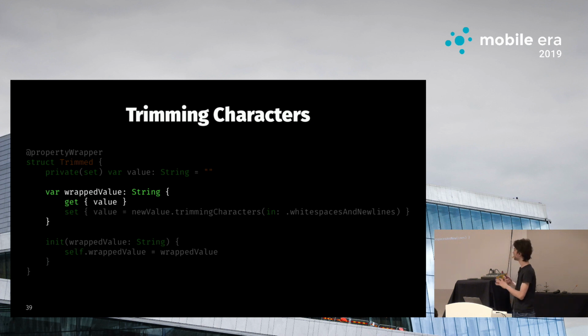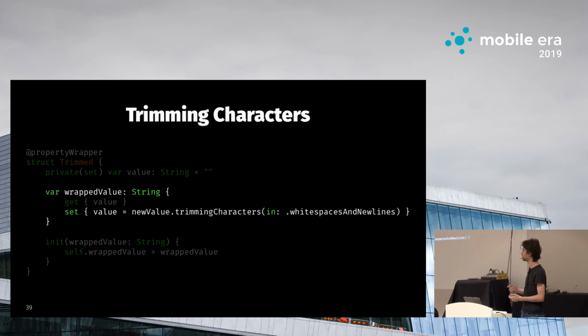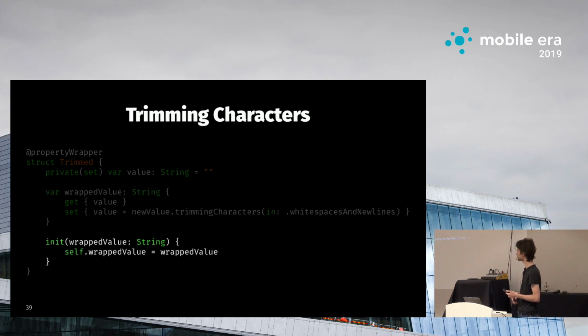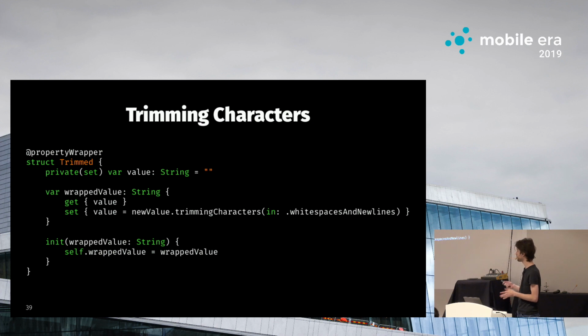So the getter, like before, we just return the internal state, the value property that we store inside the Trimmed struct. And in the setter, this is where we have the behavior. So in the setter, before storing the value, we call the function trimmingCharacters(in:), and the set that we give is the white spaces and the new lines. We provide an init, because this is what's needed in order to be able to call the property wrappers from our code. And that's it, that's how we implement it.